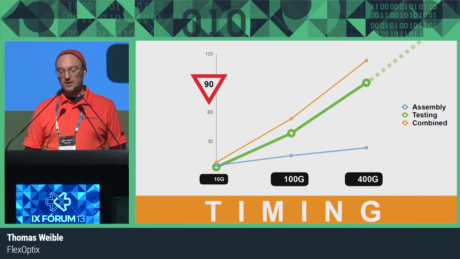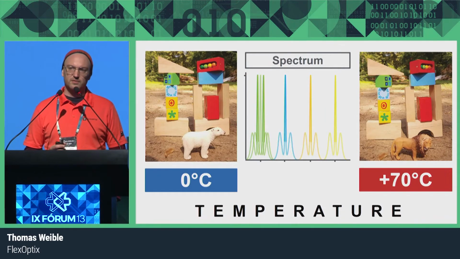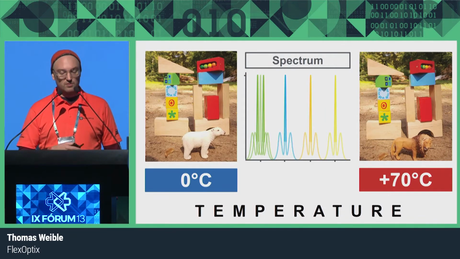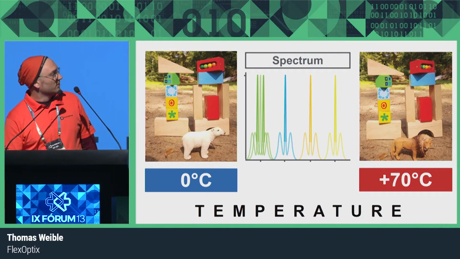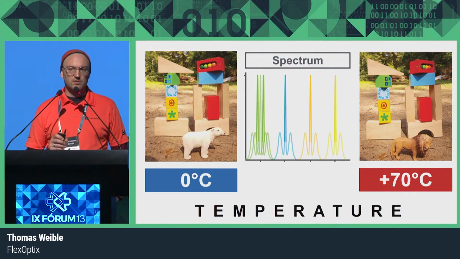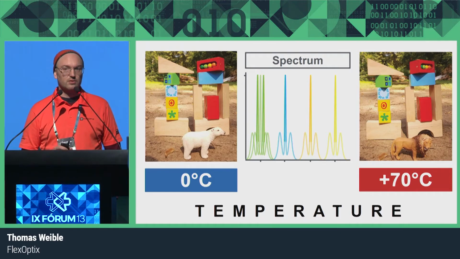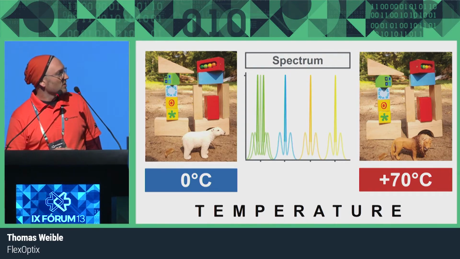I pointed out one example to give you a rough idea about test cases, and I took the example of temperature. Here on the left side, you see my artificial TOSA and ROSA at 0 degrees centigrade and also at 70 degrees centigrade. One test case could be when we just take the temperature as a variable. We cool down the laser to 0 degrees and measure the performance.